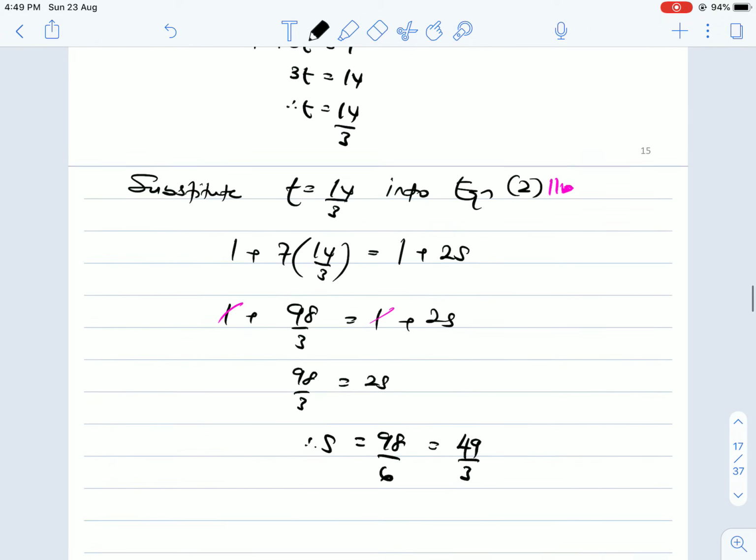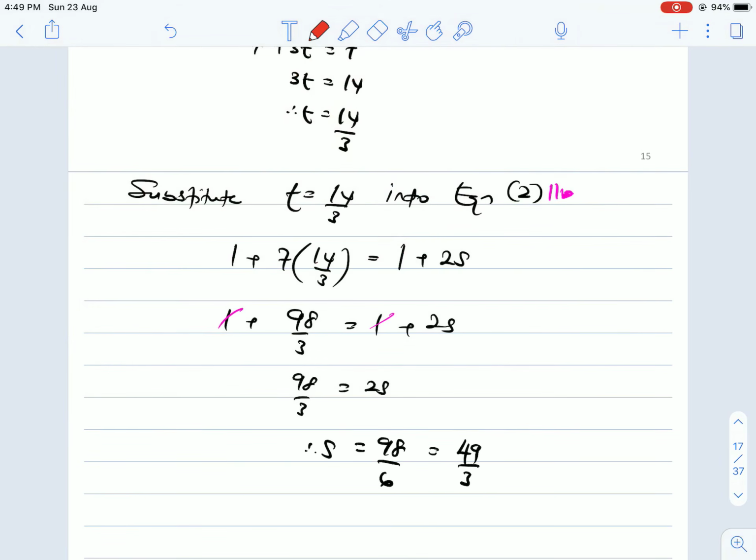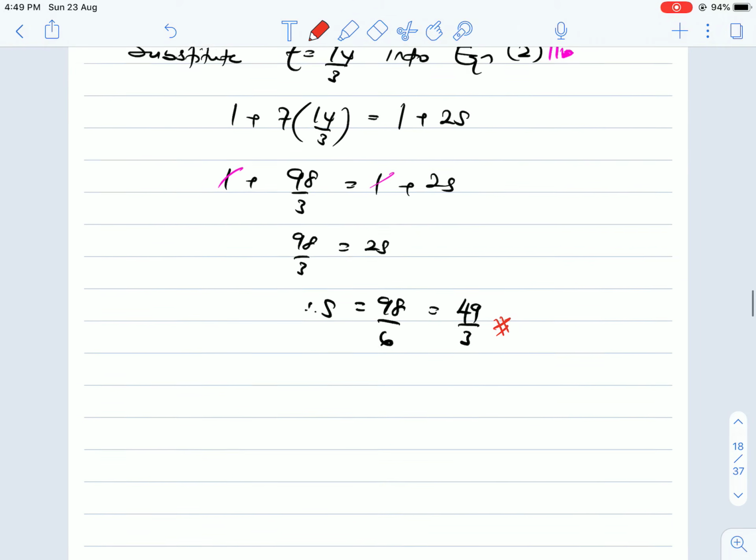So we already have the values t equals 14 over 3 and s equals 49 over 3.